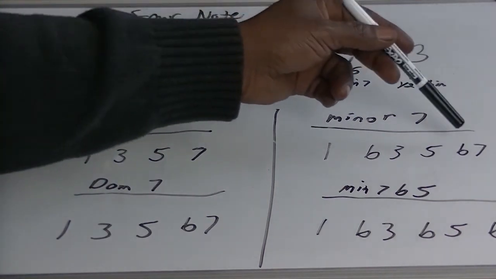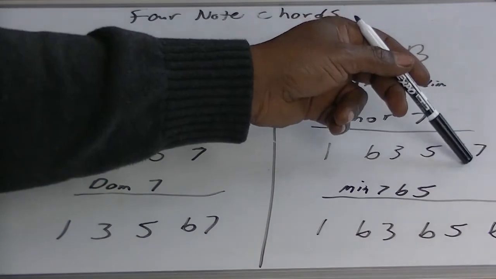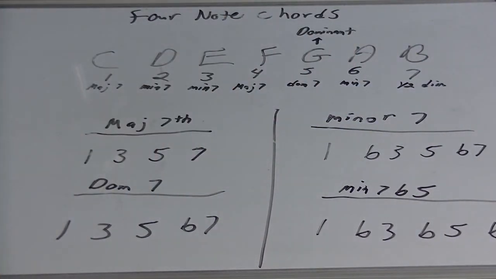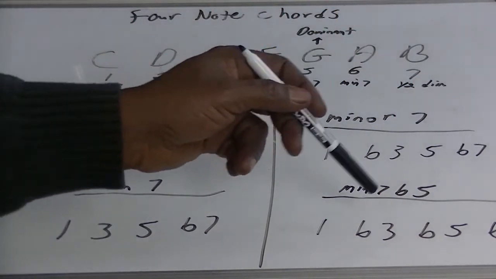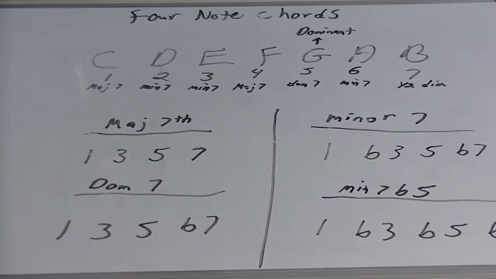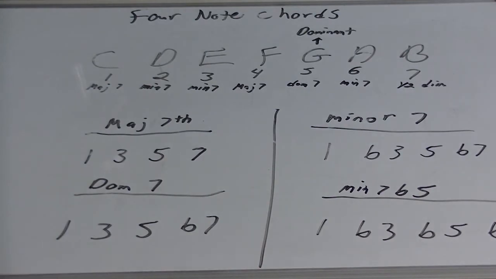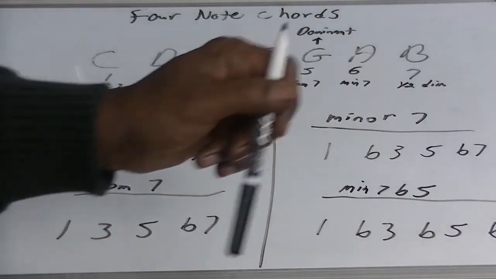Then we have the minor 7th chord where we started with the minor triad and added the flatted 7. And finally the minor 7 flat 5, which is essentially the minor 7th chord that's been altered even further. The good news about the minor 7 flat 5 is the name tells you exactly what the chord is. It's the minor 7th chord with the flatted 5th.